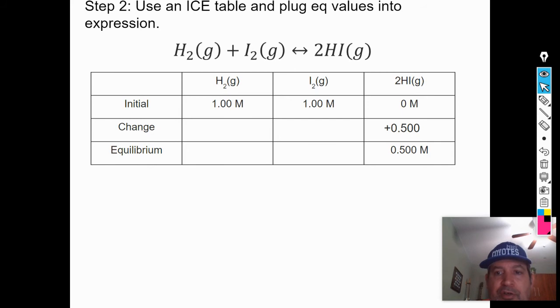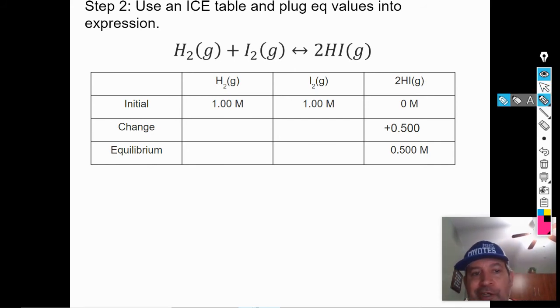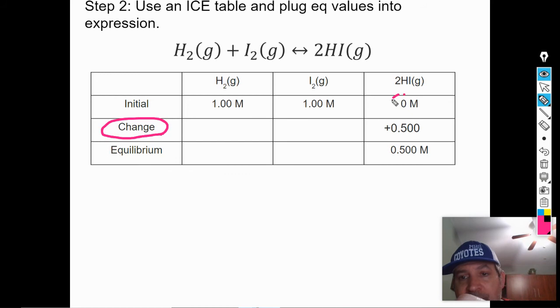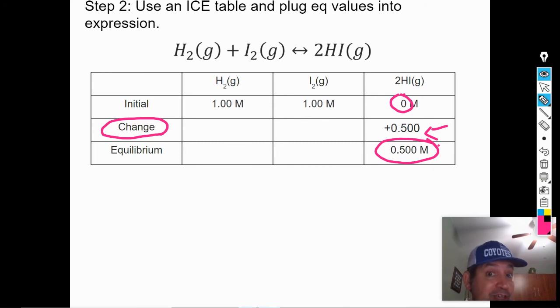Now, you're going to notice here I put in a plus 0.5. How do I know the change, which is the C in ICE, is plus 0.5? Well, it's real easy. If I start with 0 and the question told me I got to that, then the change has to be that. Super easy. You just got to be able to add. It's 0.5 minus 0. So keep it simple.